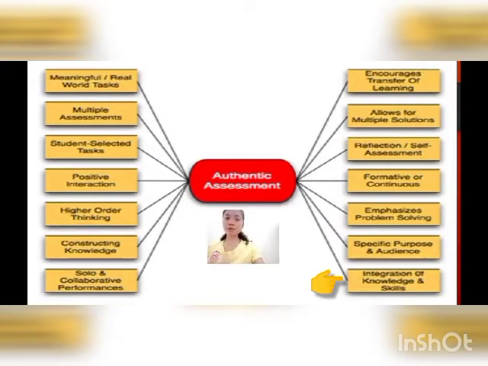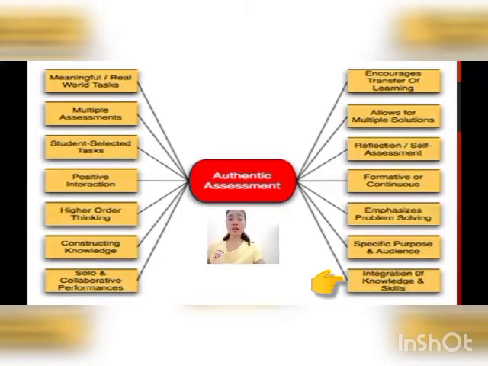Even if there are right answers, they are not isolated in particular skills or facts, because they involve real world tasks. They are also likely to be more interesting and thus more motivating, that kind of assessment.